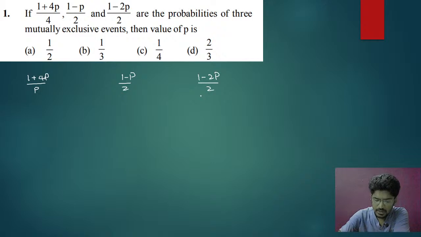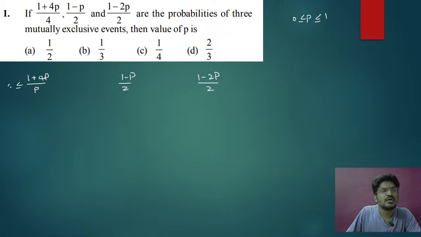Clear? We all know one thing, that the probability is always in between 0 and 1.